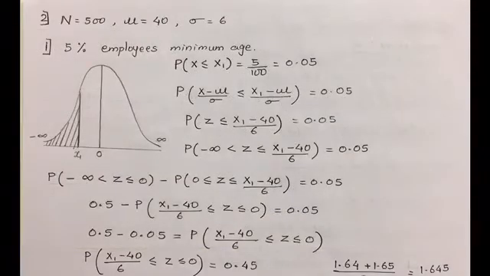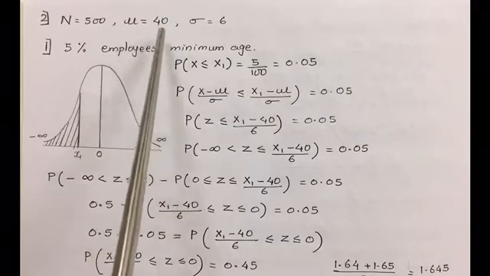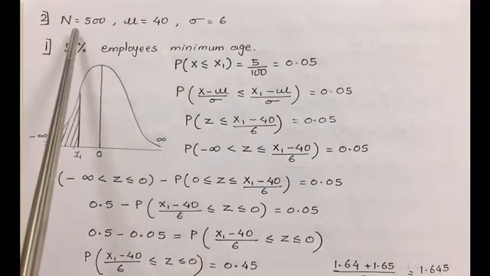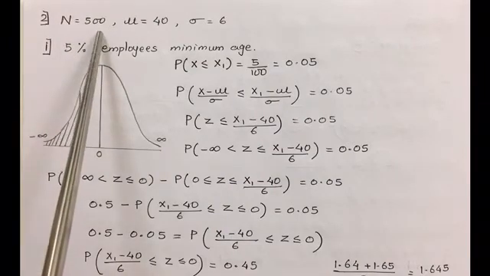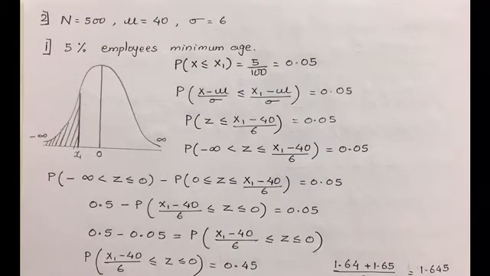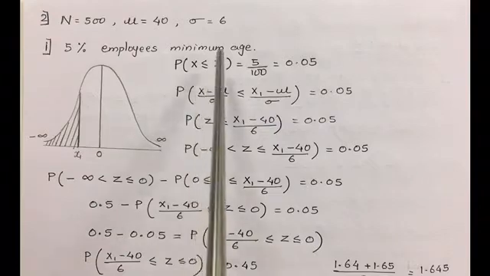Question number 2 is: the age of 500 employees working in a private company follows a normal distribution with mean 40 years. Mean is given to be 40. Total are 500 employees, so capital N is 500. And the standard deviation is 6 years.